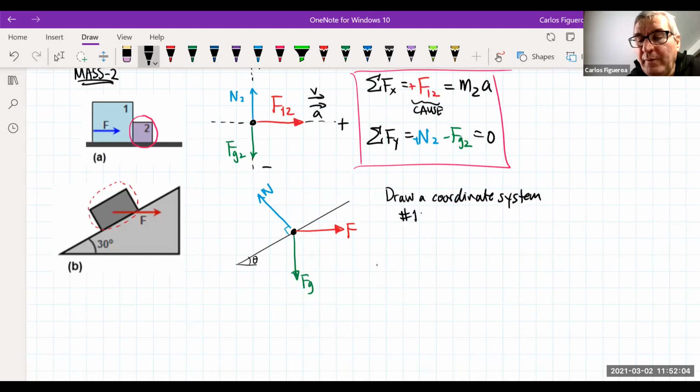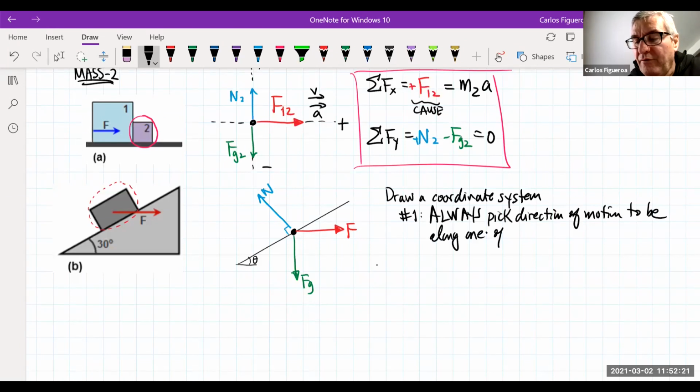Number one rule, always pick the direction of motion to be along one of the axes. So since the block is moving in this direction, I'm going to pick this to be what?